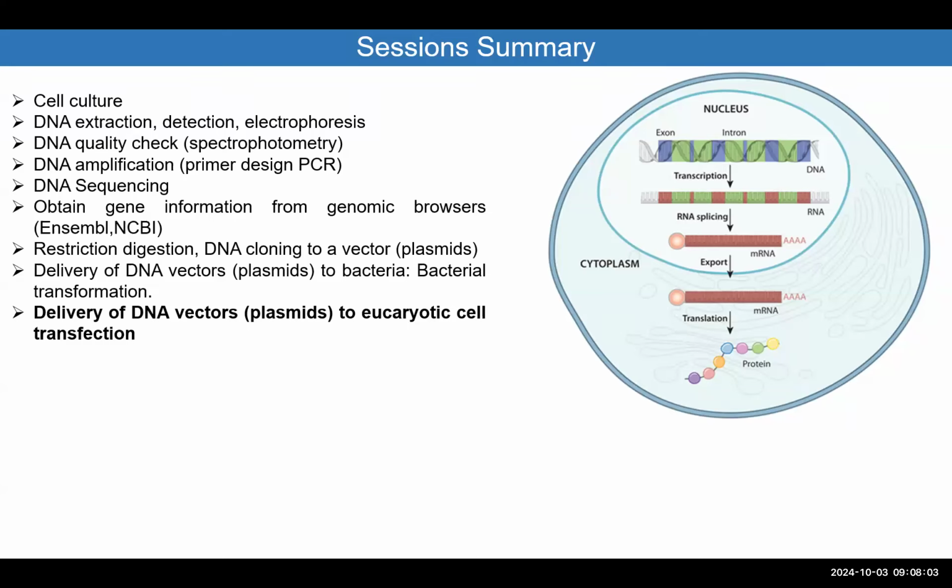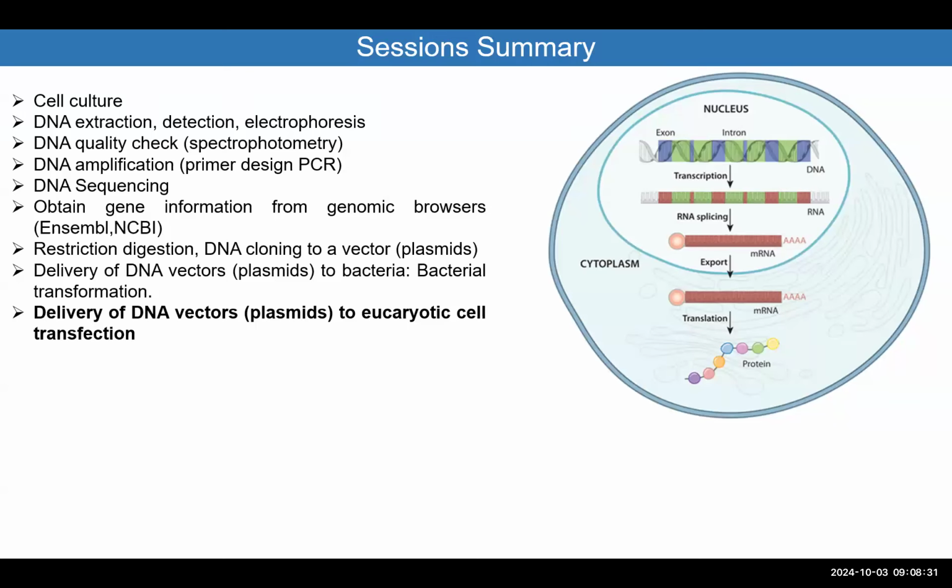Then if I want to amplify a specific DNA, I know how to design a primer for a PCR. I know how sequencing works. If I don't know the sequence of the DNA from zero, I can do it. I can get information about a certain gene from genome browsers like Ensembl and NCBI, and this is very, very shallow. You could study Ensembl and NCBI for hours and hours.